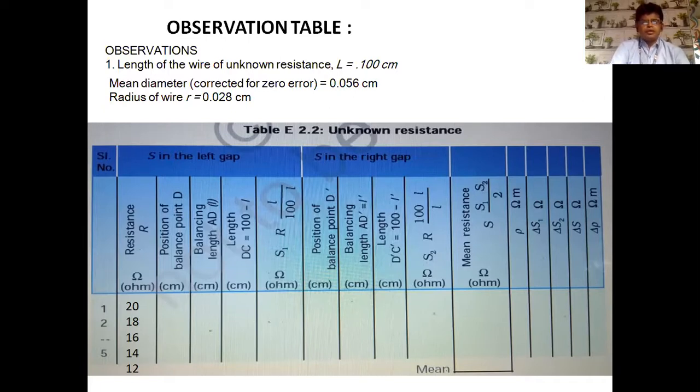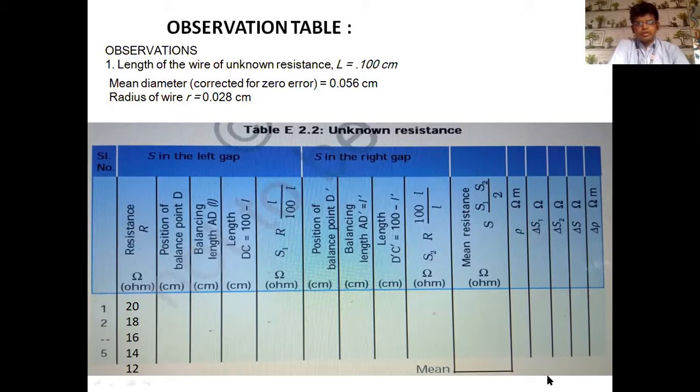With the help of this R value, we find the first four columns in the left gap, and then with the same R value we solve the remaining columns for the right gap, and then we do the calculation. A very easy method. Now, for the first time, we are showing a live demo of practical number two.